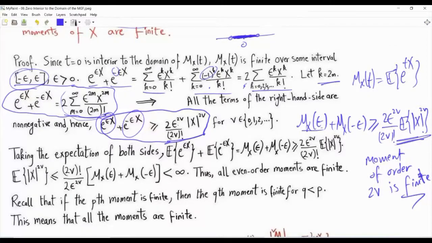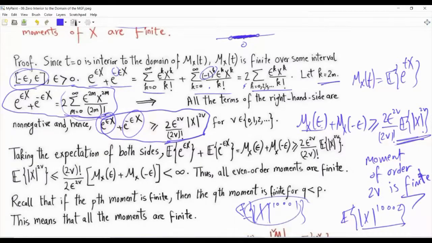But remember, we studied in a previous lecture that if, let's say, the 100th moment is finite, then every moment below 100 will be finite, including the odd ones. So every moment will be finite. If you wonder whether the expectation of magnitude of X to the power 1001 is finite, well, the expectation of magnitude of X to the power 1002 is finite because all the even moments are finite, so this one will also be finite.